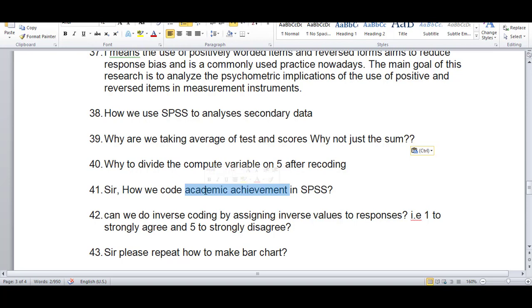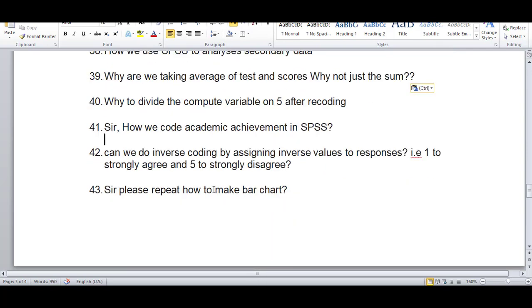It can be test score, final grade, GPA, final test score, or overall student progress. Some may say academic achievement is student GPA, some say final test score, some say overall behavior change. So whichever way you define academic achievement, you can code it. Ideally it is denoted by the GPA score or final class scores, and you can put that in SPSS as well.